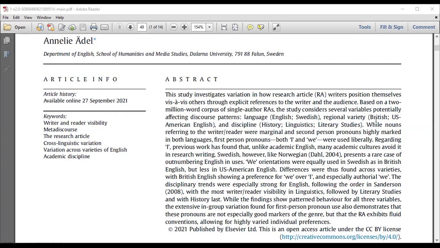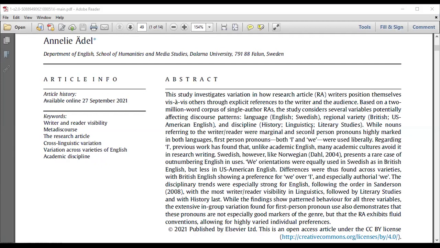While nouns referring to the writer or reader were marginal, and second person pronoun highly marked, we were used liberally. Regarding previous work, it has been found that unlike academic English, many academic cultures avoid it in research writing. Swedish, however, like Norwegian, presents a rare case of outnumbering. What do you think about this? This is interesting.